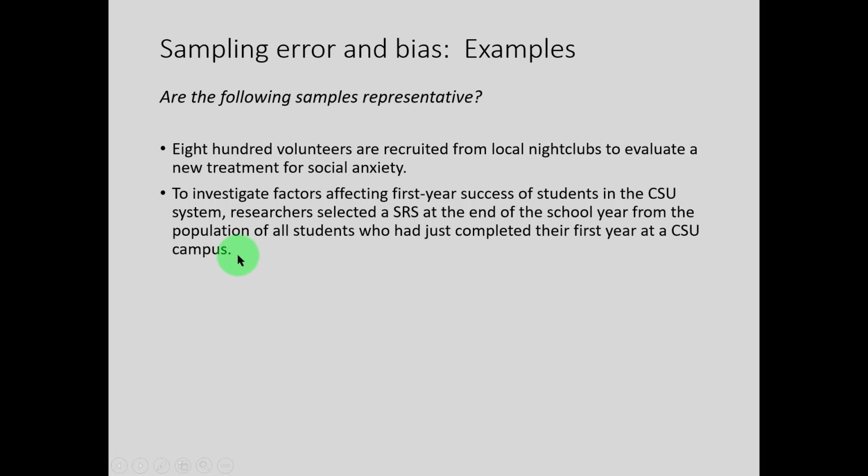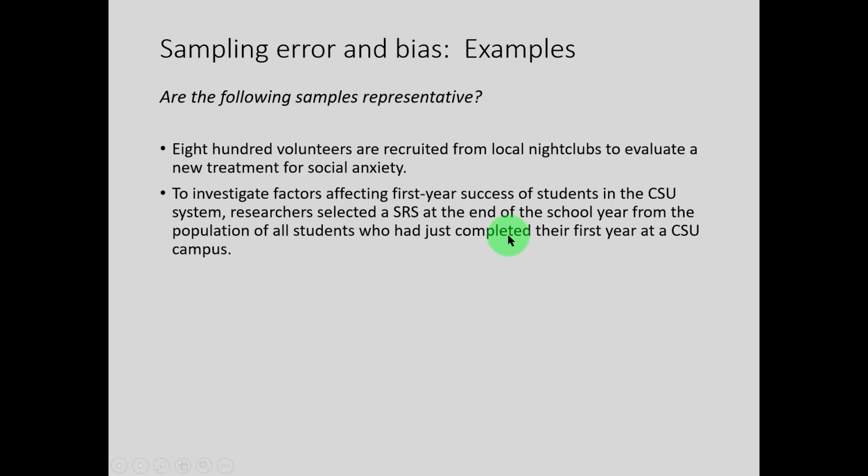Okay, we're going to dissect this a little bit and look at a contrasting scenario. So they want to see what affects the first year success of students. All right, they got a simple random sample. That sounds good. And this is from a population of students who just completed their first year.